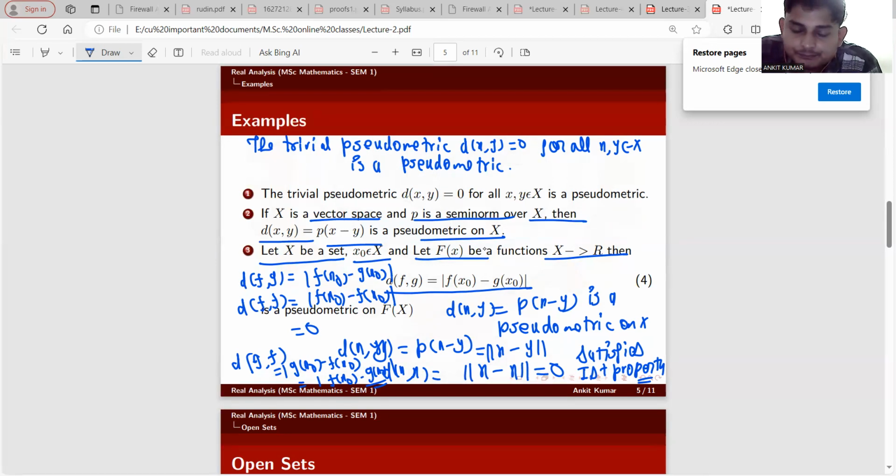Because the mod function is a positive function, we take the negative sign outside of the bracket and we obtain mod of f(x naught) minus g(x naught). Okay.